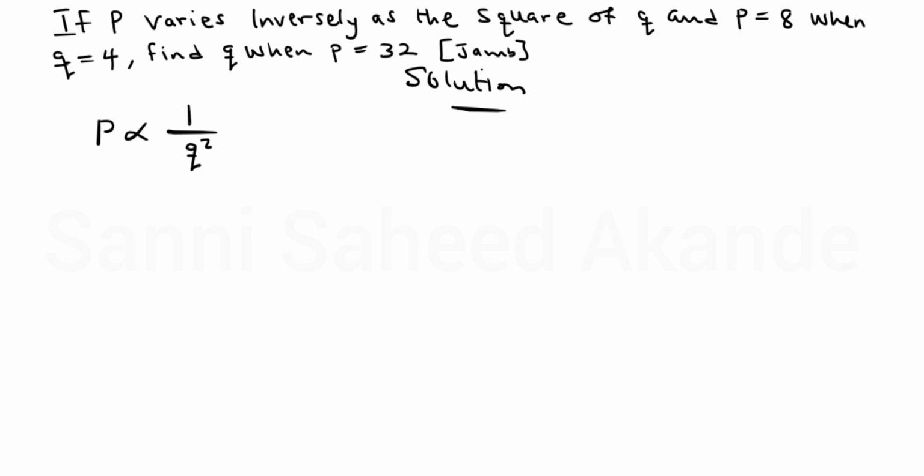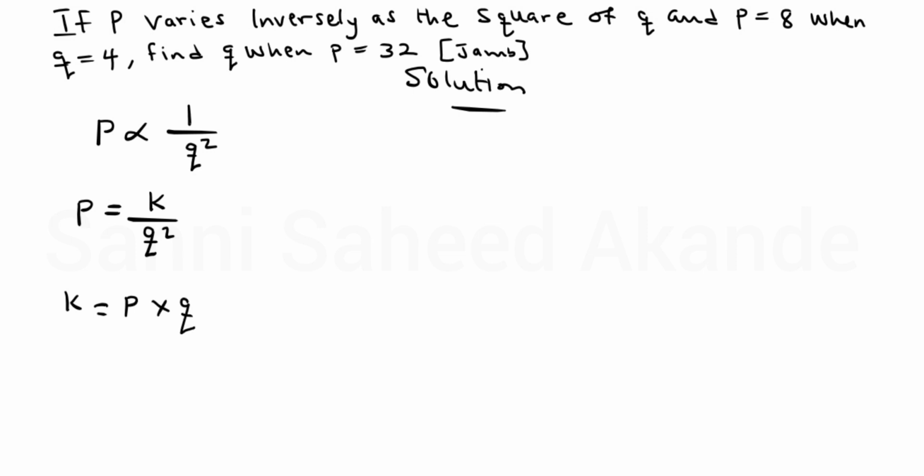Let's make this an equation by introducing a constant. We have p is equal to, let our constant be k, divided by q squared. So our k will be equal to p times q squared.